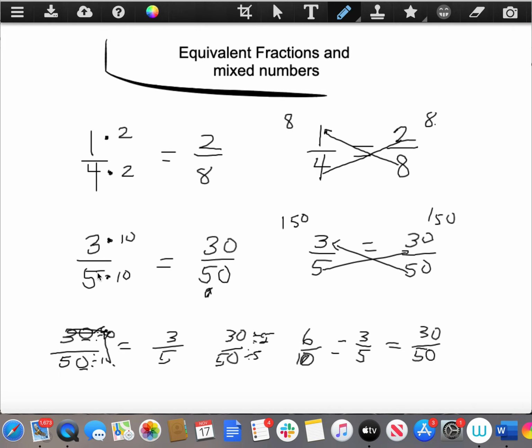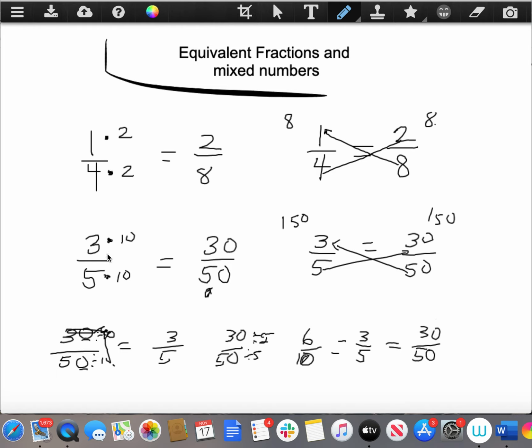This one I did 10, this one I did 2, I could have picked 3 and 3, 5 and 5, whatever is easiest. Or I can find an equivalent fraction by dividing the numerator and the denominator by the same number that'll equally go into them. So we've come up with 6 over 10, 3 over 5, all those equal 30 over 50.